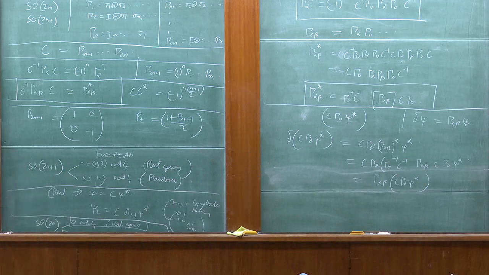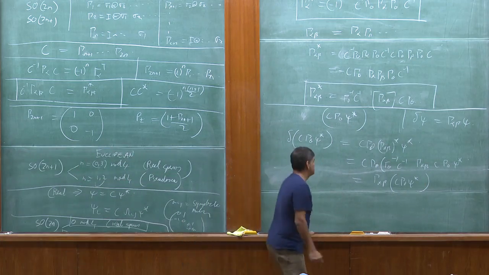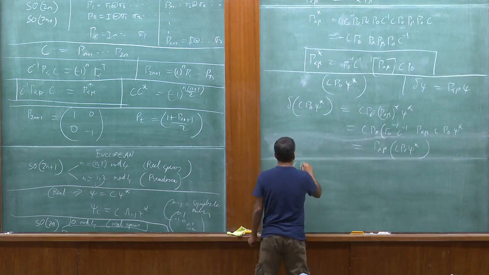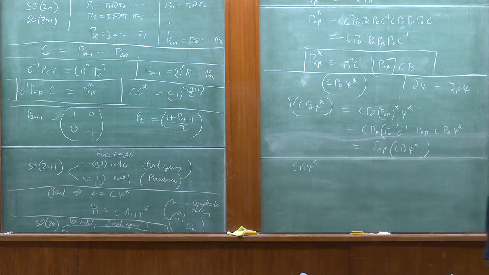Sorry for that mess up. So what is the conclusion? The conclusion is that C gamma 0 psi star transforms under SO D or whatever SO group in exactly the same way as psi itself transformed.